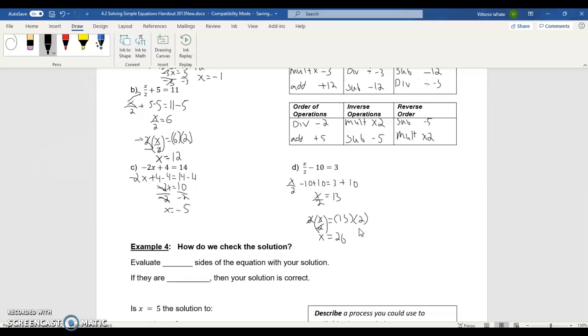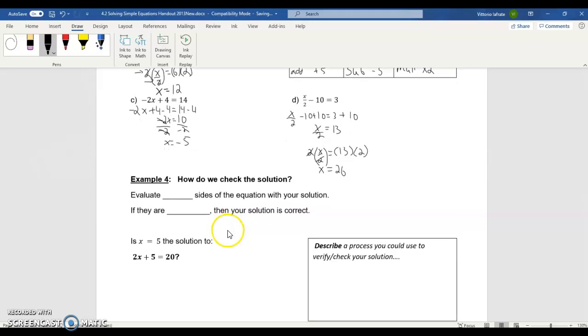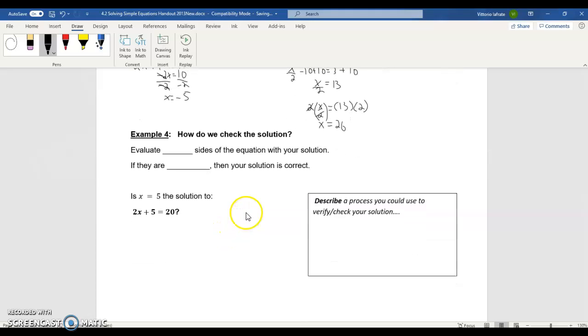Our last example is going to be to check if the solution is correct. How do we check to make sure we are on the right track, we solve for the proper x value? So when we do that, there's a process that you follow called left side, right side. And so what we do is we evaluate both sides of the equation.